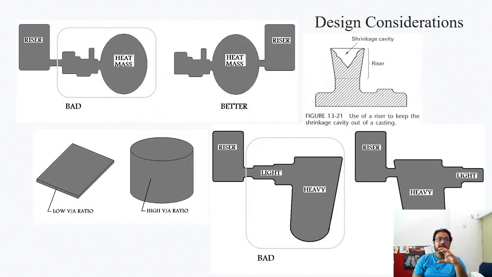So that whatever is the largest volume in the casting cavity, when that cools down, it cools down more and it will try to pull in material more. So there should be scope for it to pull in material when it cools down. So it's best to keep the riser towards that part.